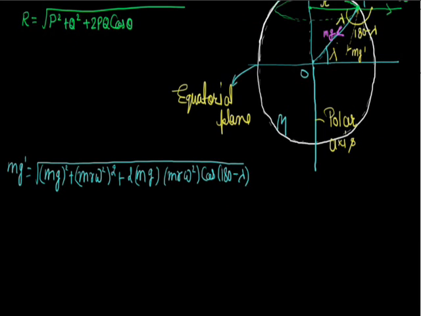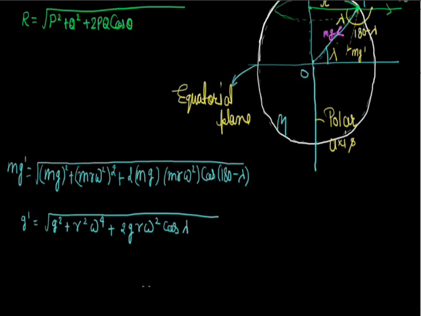Now we can solve it by taking m common. M will be cancelled from both sides, so the remaining term will be g dash equals root over g square plus r square omega to the power 4 plus 2 g r omega square cos, and as we know cos of (180 minus theta) equals minus cos theta, so we can write it as cos of lambda.